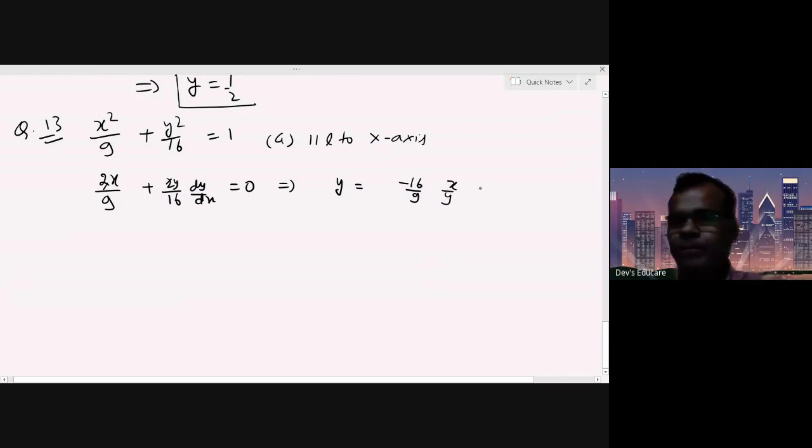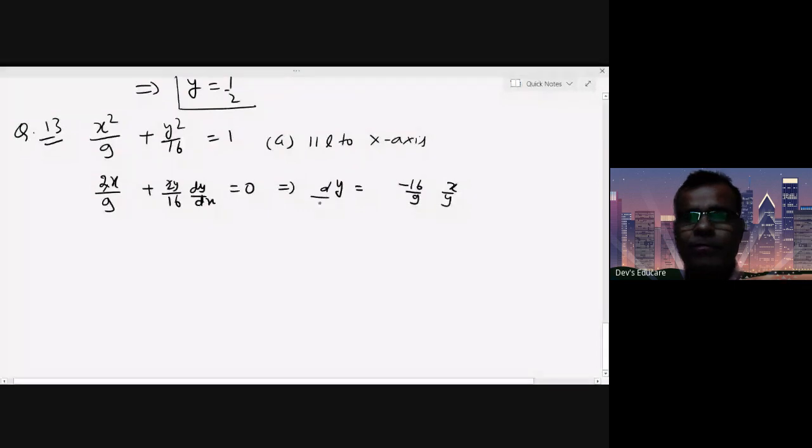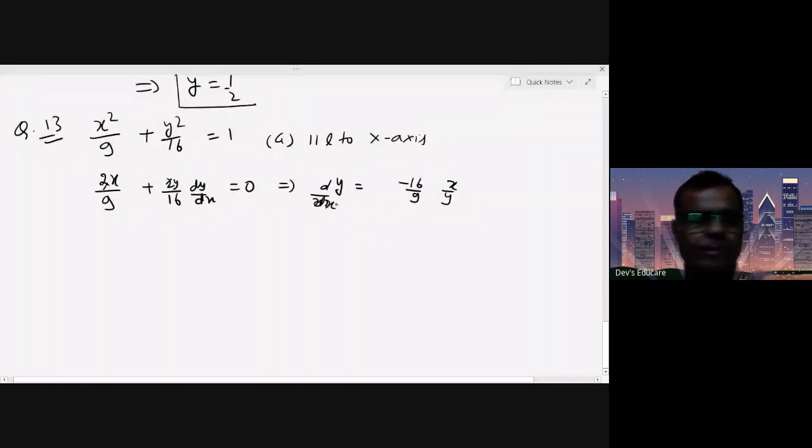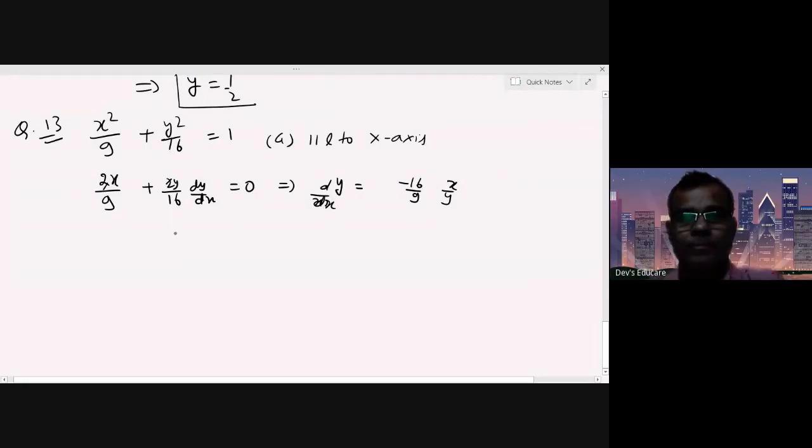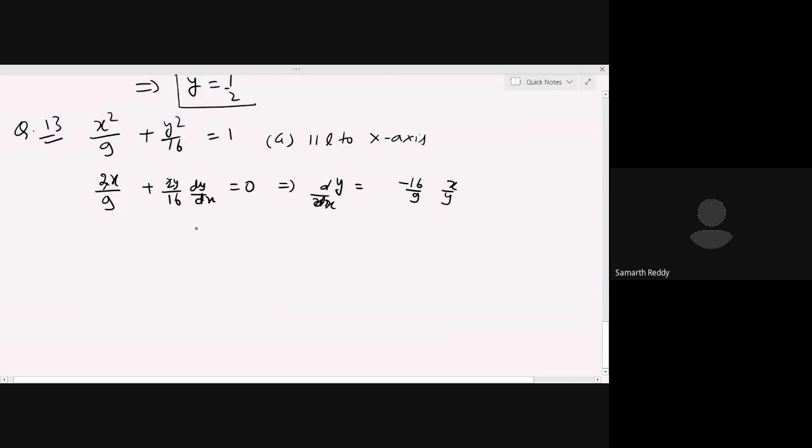Okay. So this is equal to 0, because the slope is dy by dx.